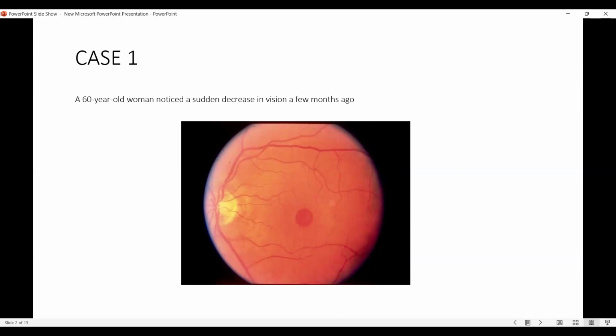So first, I would like to take history of the patient regarding any trauma, any exposure to sun or eclipse, then any systemic medication or steroids. Then we can go for investigations in the form of firstly visual acuity, the color vision of the patient.